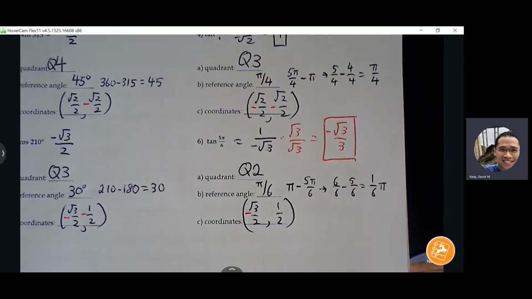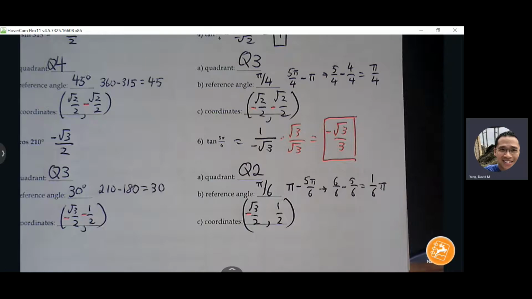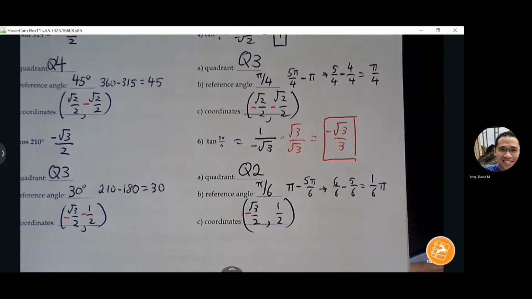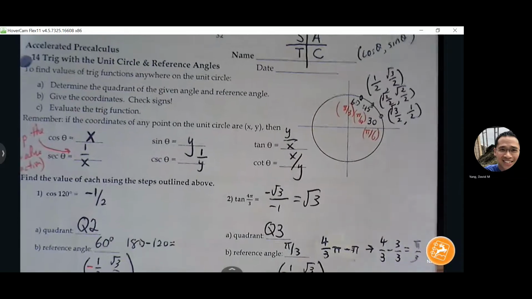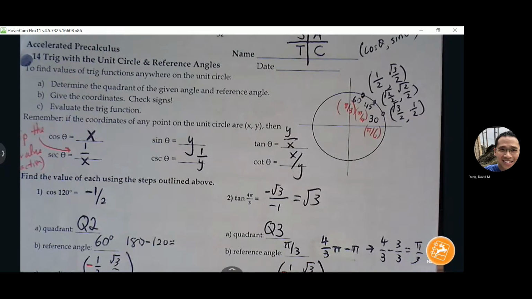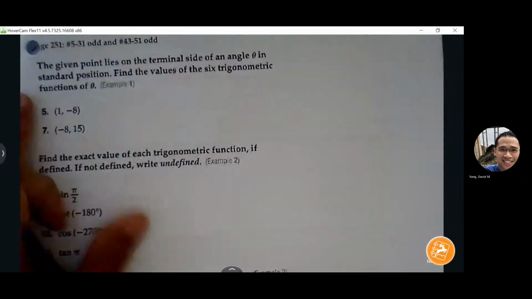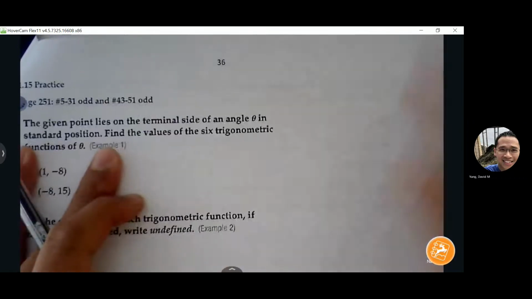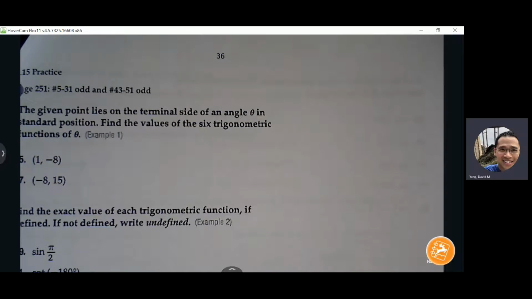All right, page 36. Okay, we're getting a little ahead. 1.15 is not hard, but we'll see another way that we can determine the ratio if it's not a special right triangle.